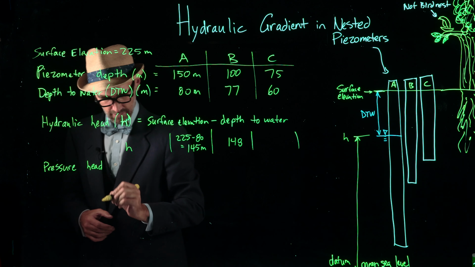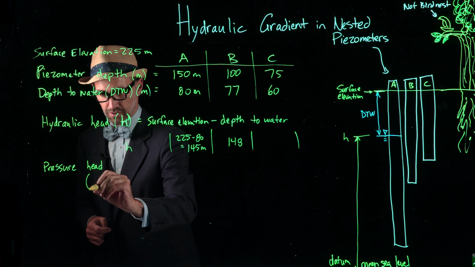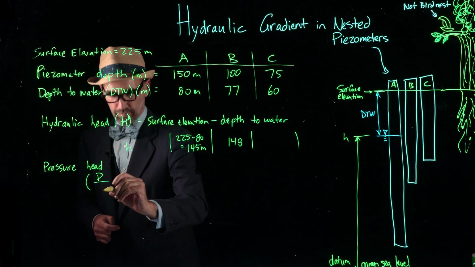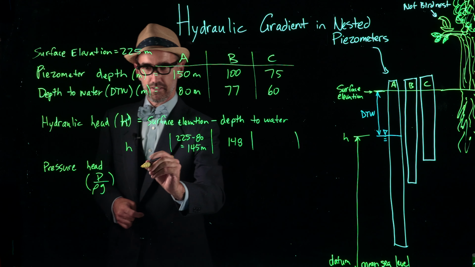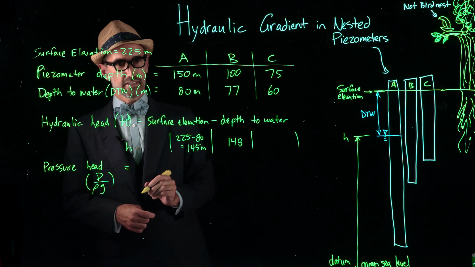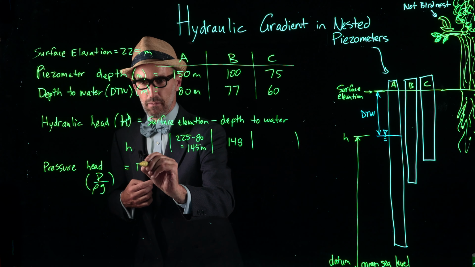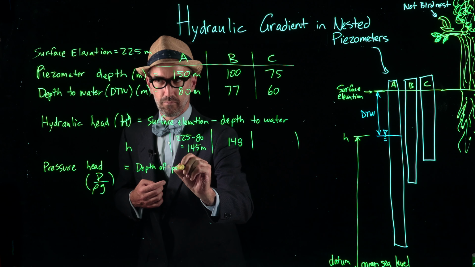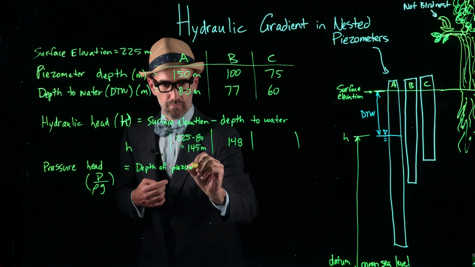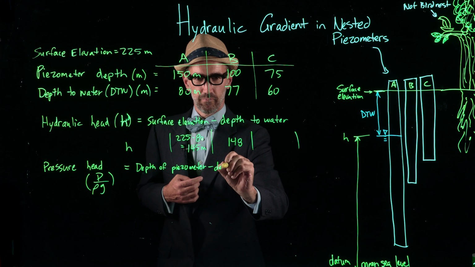So pressure head is also solvable using the information we have. Pressure head has different symbols. In our class, we often use P over rho g for pressure head. And in this example, it can be calculated as the depth of the piezometer minus the depth of water.